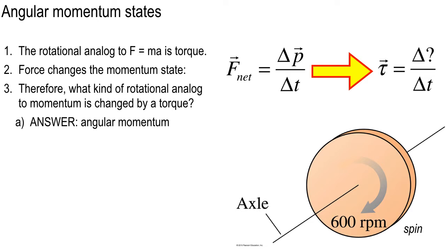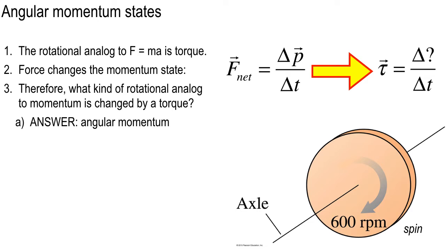The force changes the momentum state, and so therefore the rotational analog to momentum is changed by a torque, and that quantity is called angular momentum, and it is a conserved quantity.